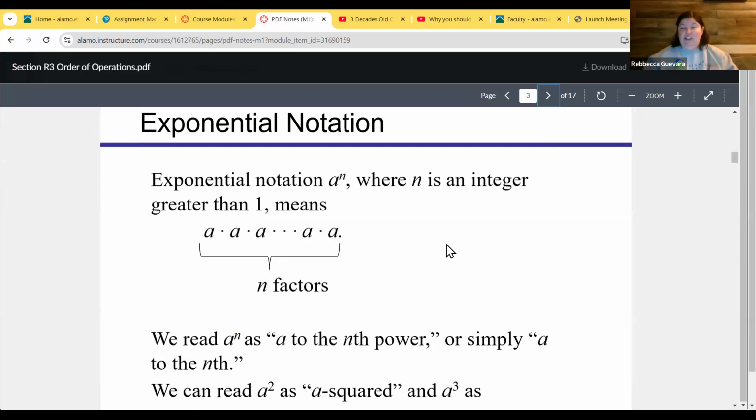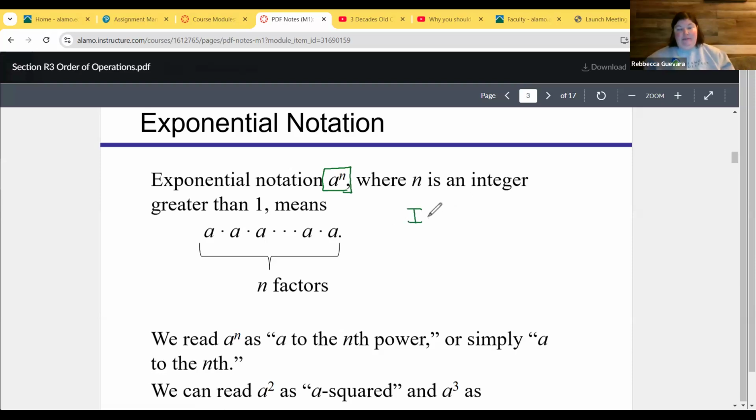So to start this, just quickly over exponents and exponential notation in case we need to go through this. If you have an a to the n, a represents a number and n represents a number that's called an integer.